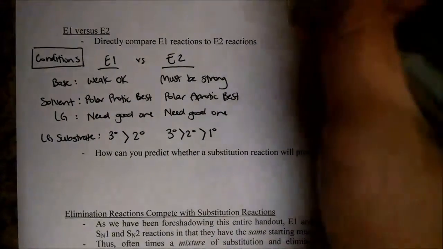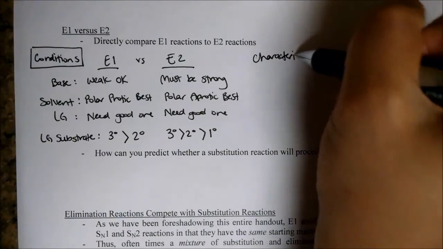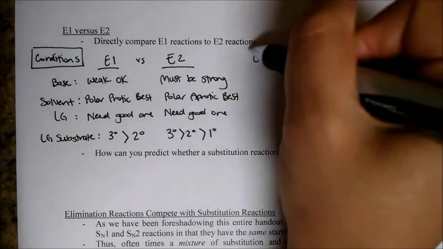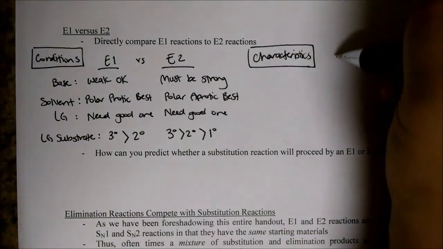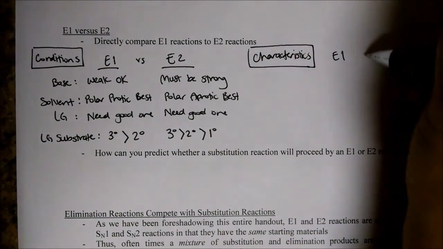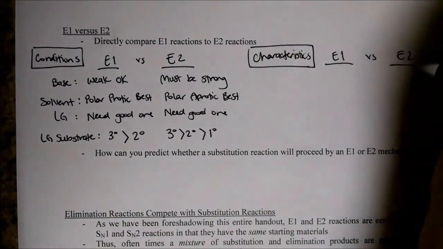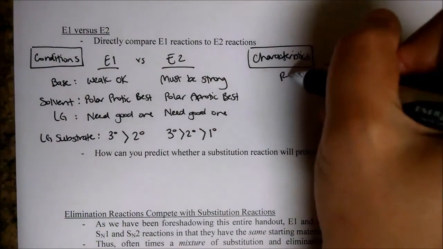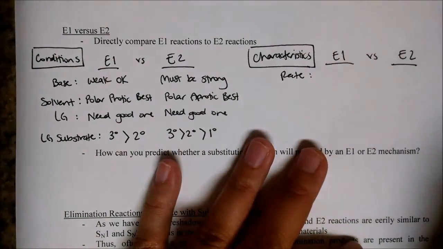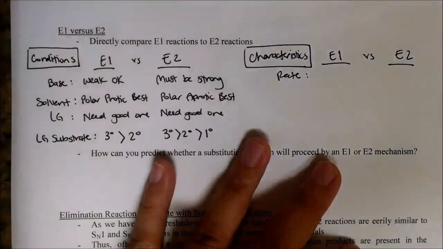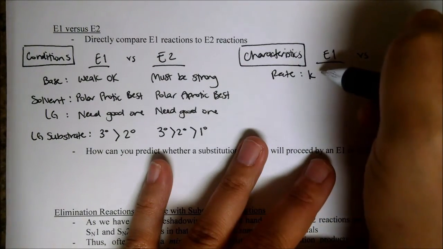Okay. How about the differences in characteristics? E1 versus E2, and by characteristics I'm saying things like rate. What does the rate law depend upon for E1? Is it unimolecular or bimolecular? E1 was unimolecular, that's why it's E1.